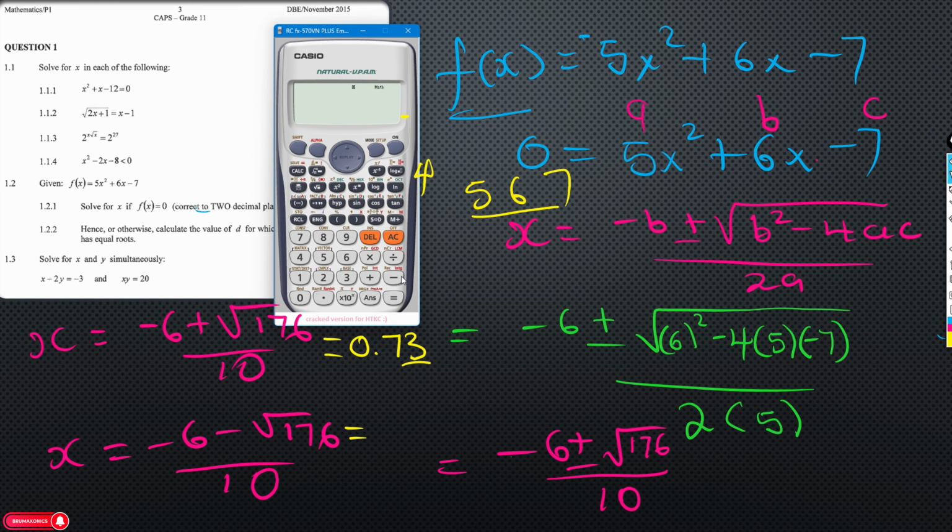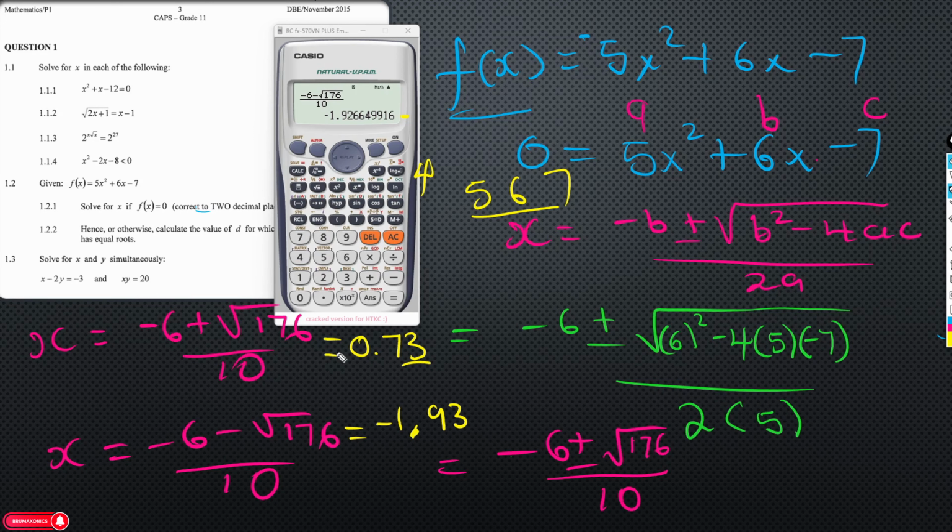So the final one will be negative 6, then minus the square root of 176, then all over 10, and then this will give us negative 1.93 as well, because we have to round this so that we can get negative 1.93.